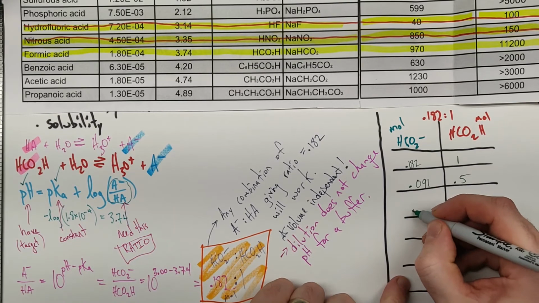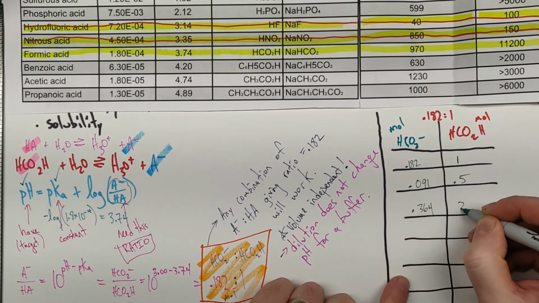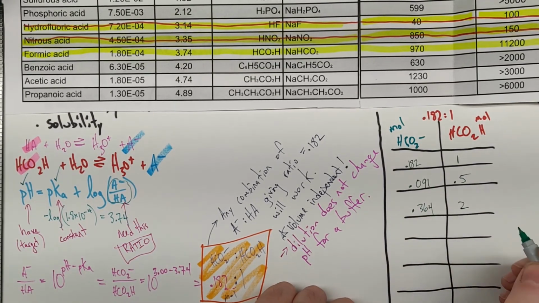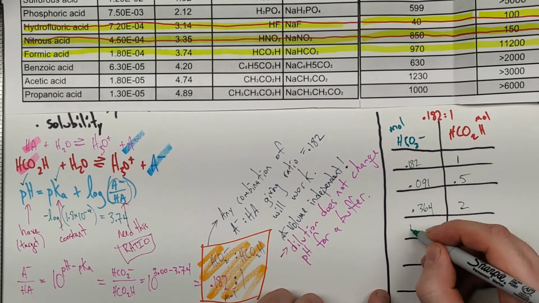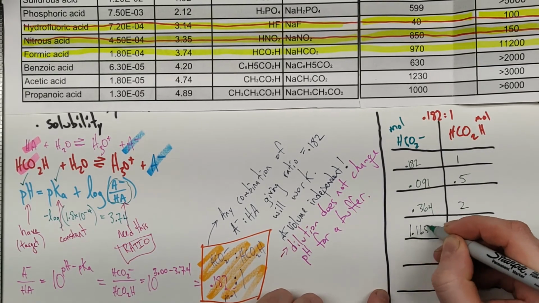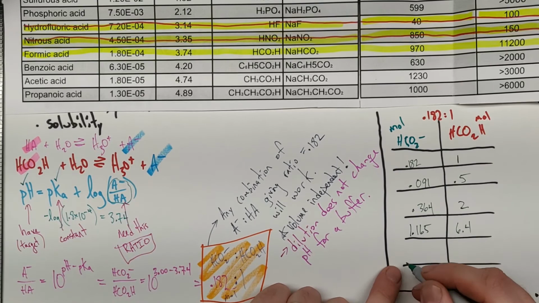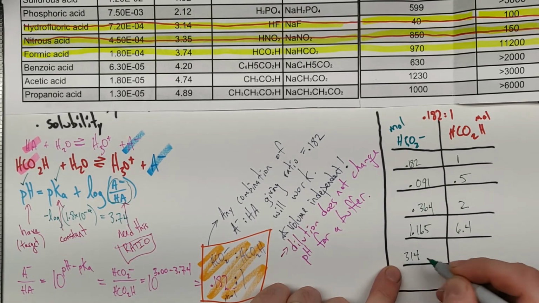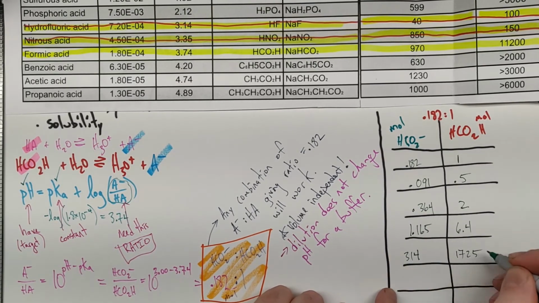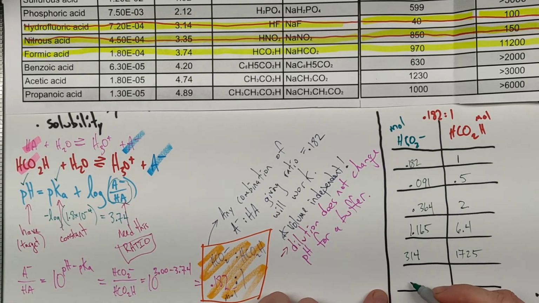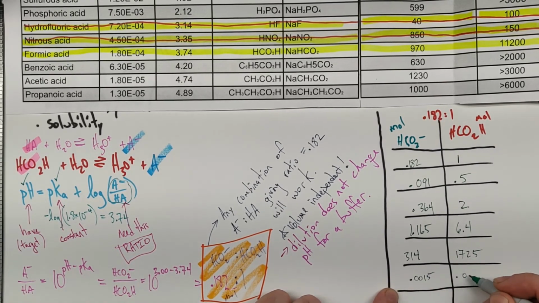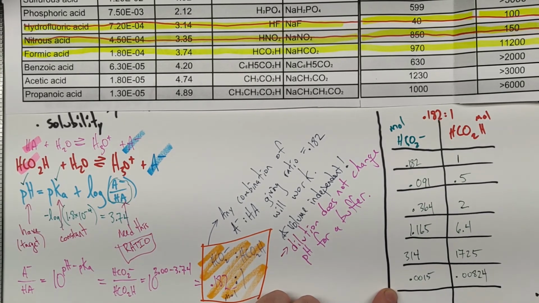You can go the other way and say like 0.364 to 2, but you're not limited to integer multiples, so you could do something like 1.165 to 6.4, or 314 to 1725, or maybe something super small at the other end, 0.0015 to 0.00824.